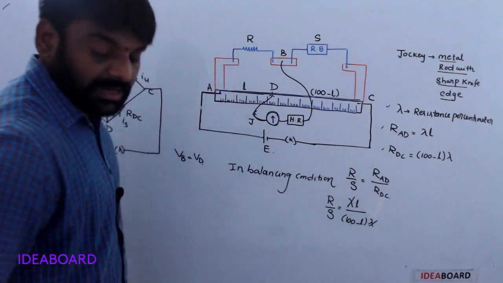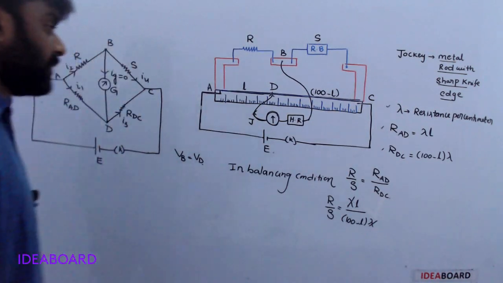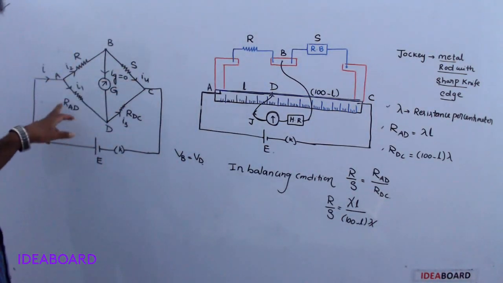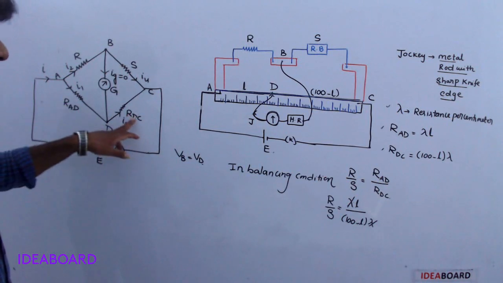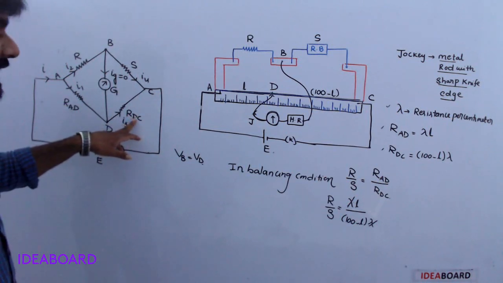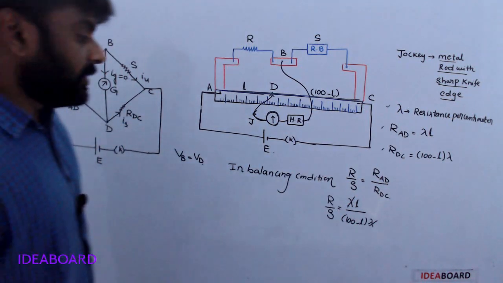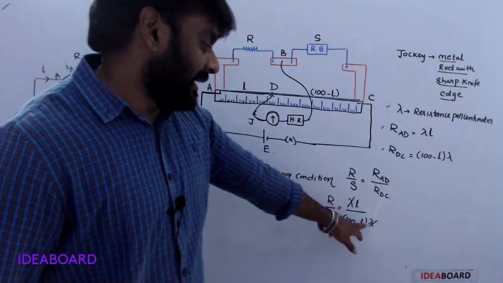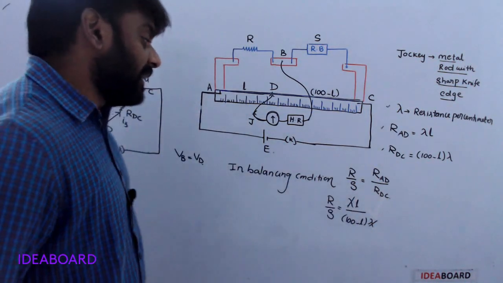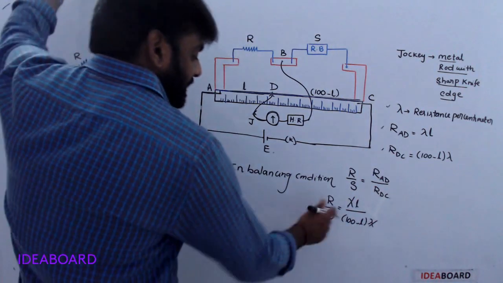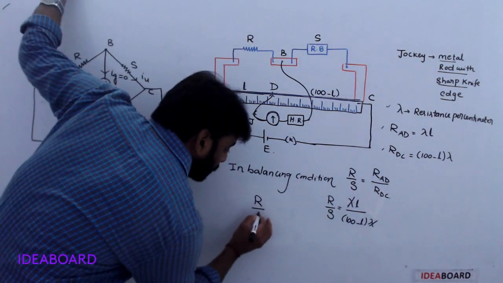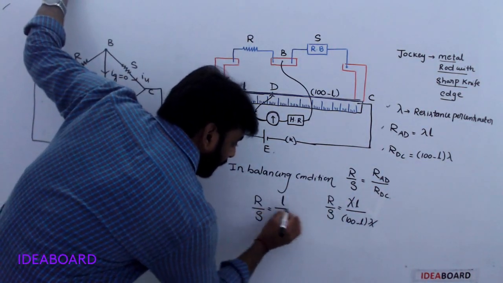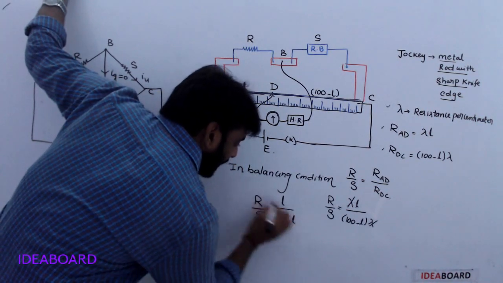Lambda cancels. Understood? So, R by S is equal to L by (100 minus L).